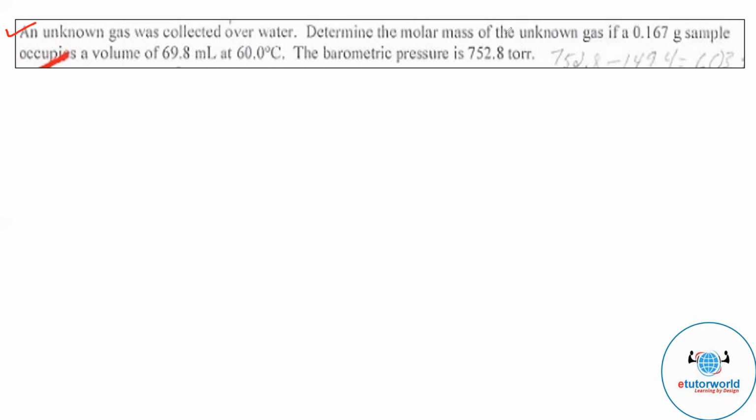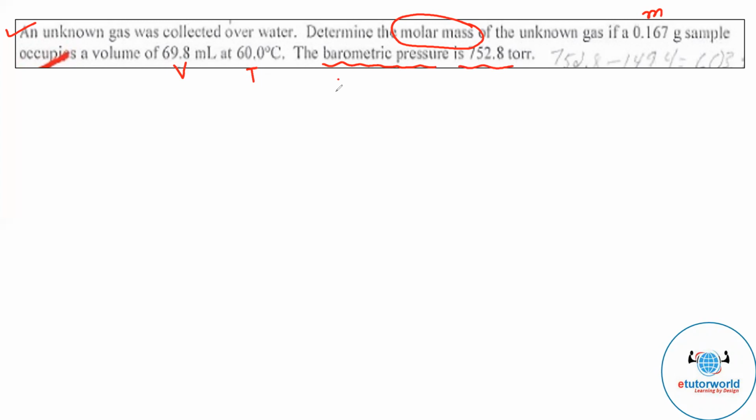Now, Aditi, here the molar mass is asked, and the given data is the mass of the unknown gas, volume, the temperature, and the barometric pressure. The pressure of the unknown gas is not given.